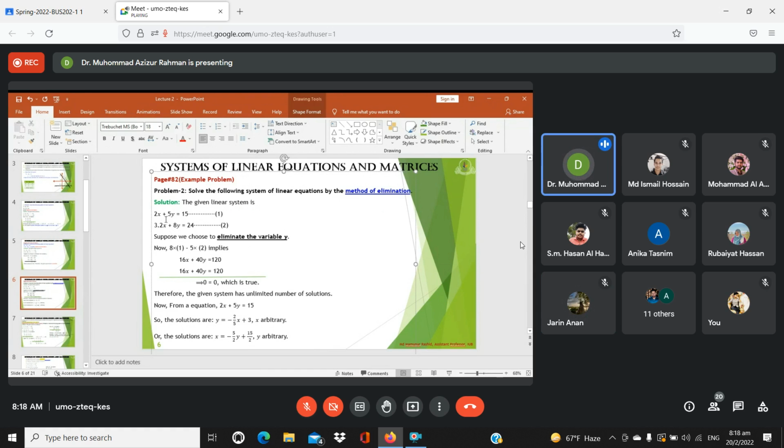So if we multiply the first equation by 8, we'll get 16x plus 40y equals 120.